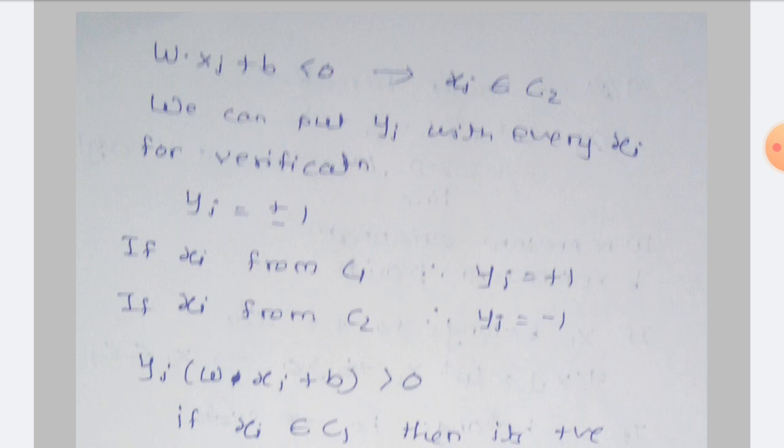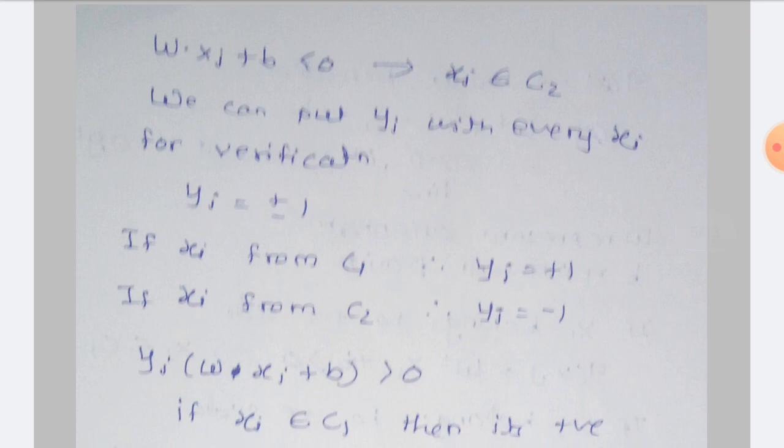Now we'll see in detail why we multiply by yi. Here the value of yi is either plus 1 or minus 1. When a particular data point belongs to class 1, we set yi to plus 1. And when xi belongs to class 2, we set yi to minus 1.